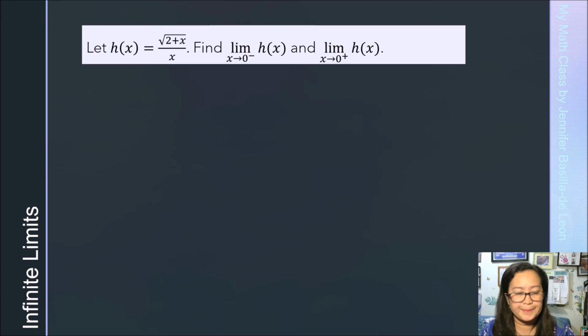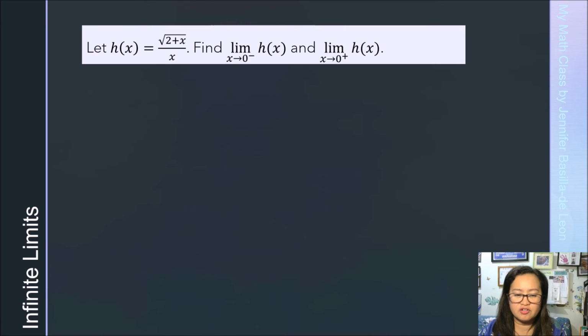Now let's consider the given example. Let h of x be equal to the square root of 2 plus x, over x. Find the limit of h of x as x approaches 0 from the left and the limit of h of x as x approaches 0 from the right. We have to choose among the four conditions presented a while ago.